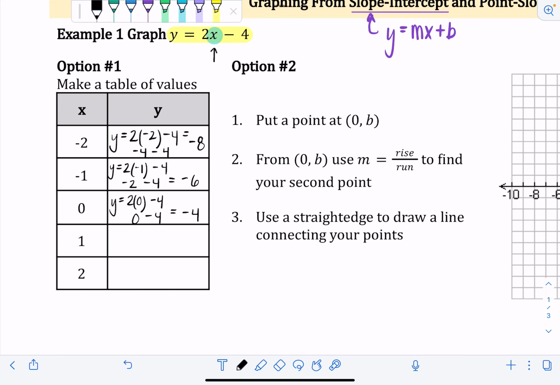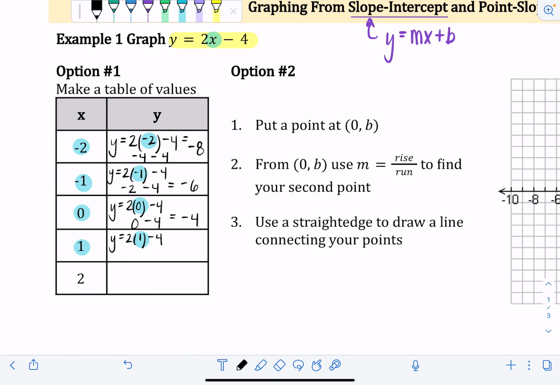And then next I would plug in x equals 1, which, keep in mind, if we look back at our equation up here, all I'm doing is putting each of these x values in where the x is from the equation. So every step is the same, I'm just switching out a different x value. So next x would be equal to 1, so it'd be y equals 2 times 1 in the parentheses minus 4.